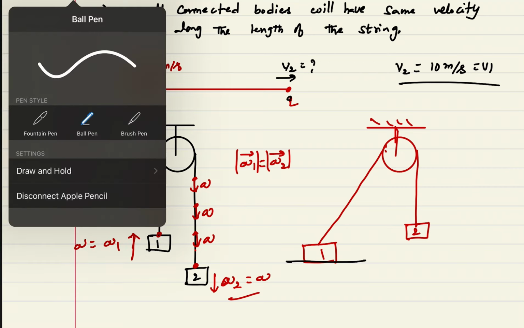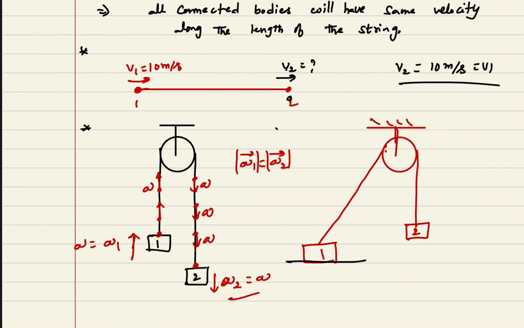Now we can see that this body is making some angle theta, and it is moving with velocity v1. Now I can resolve this v1 and find v2. Obviously if the first body is moving to the left side, the second body will move in the upward direction.